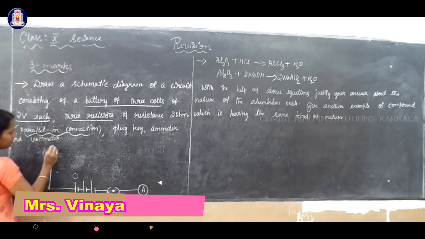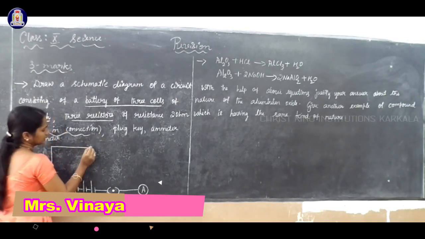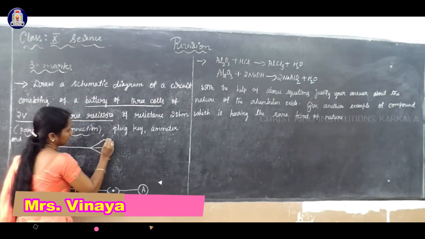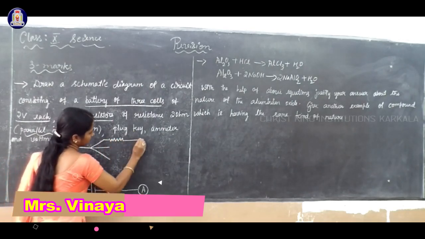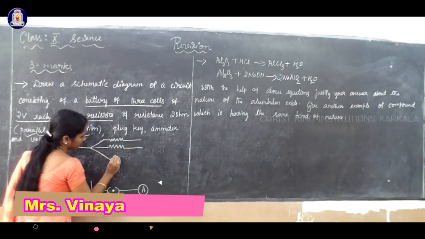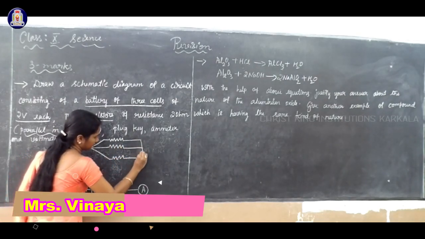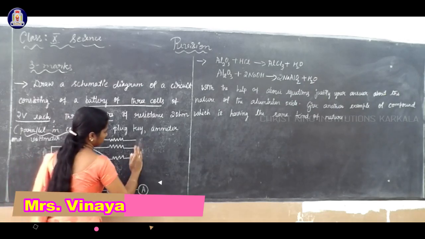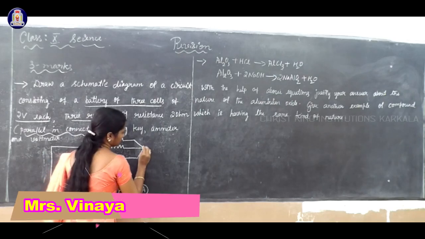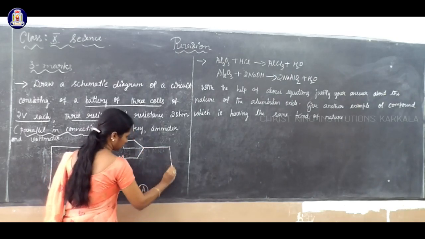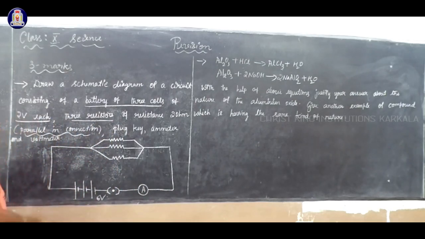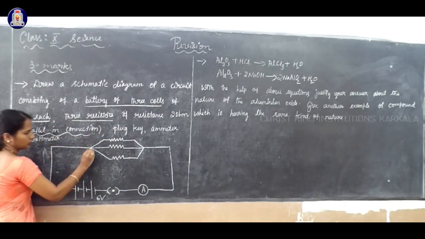It consists of 3 resistors which are connected in parallel. It is connected to a voltmeter.